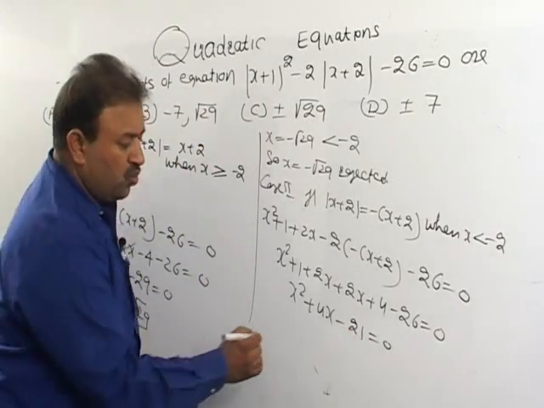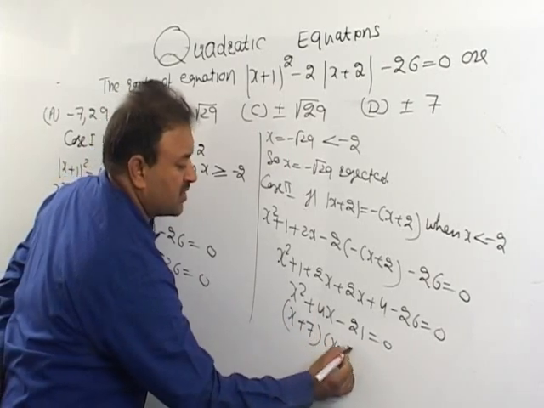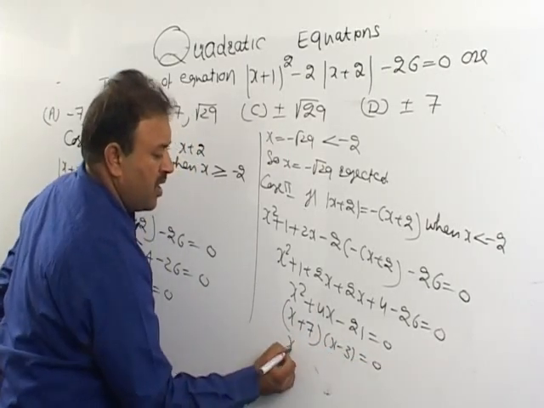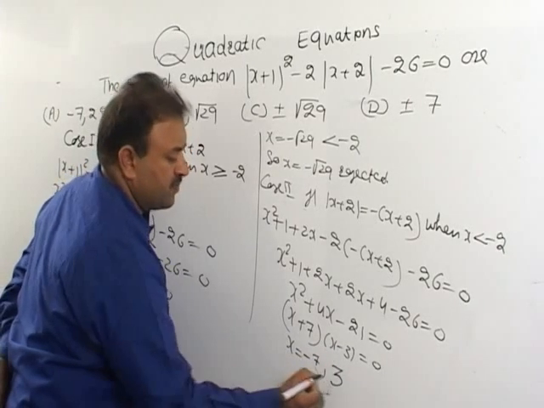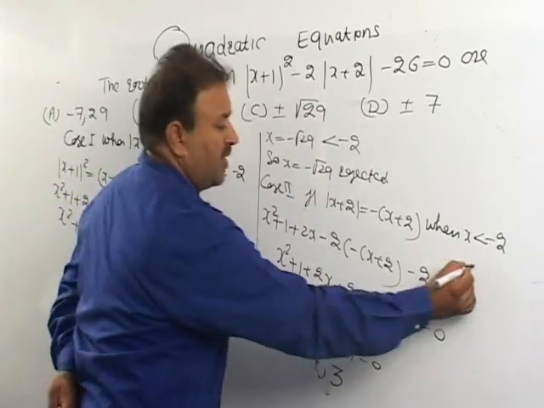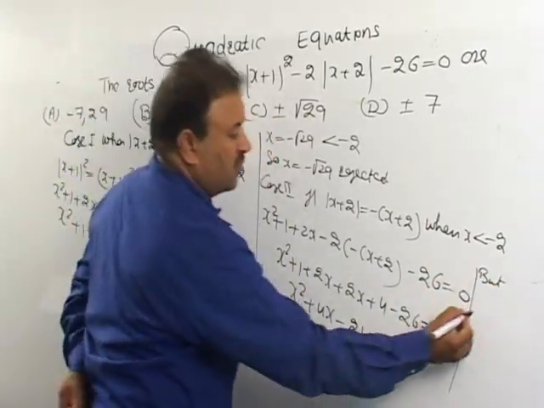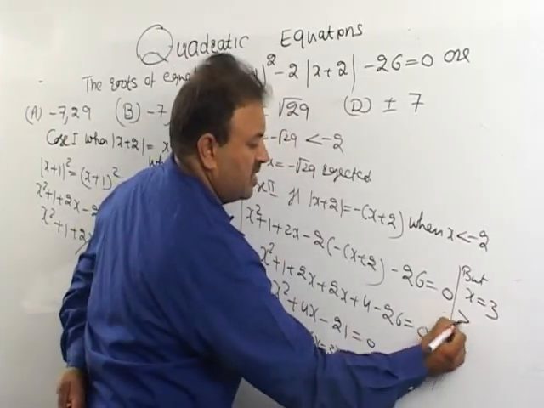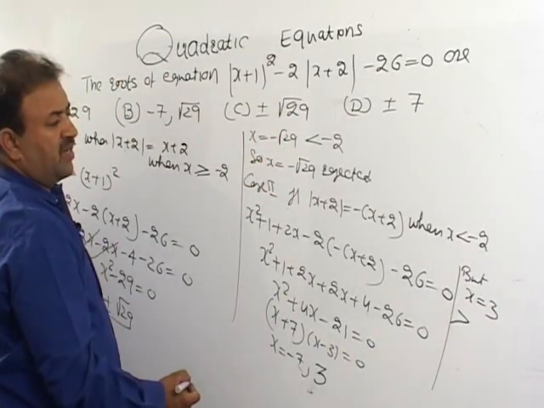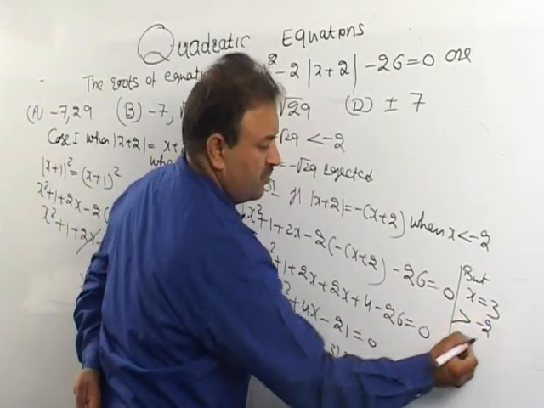We will get two roots, (x plus 7)(x minus 3) is equal to 0, x is equal to minus 7 and 3. But here x is equal to 3 is greater than minus 2.